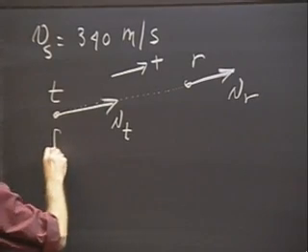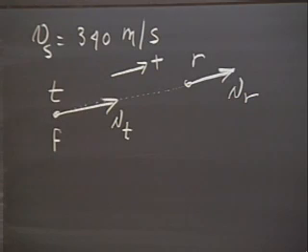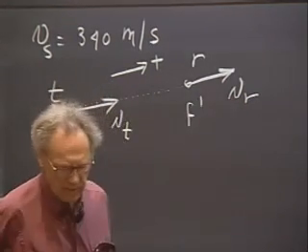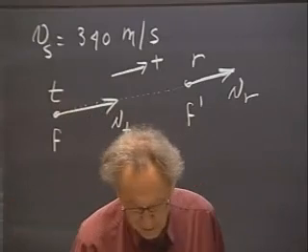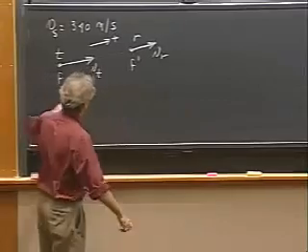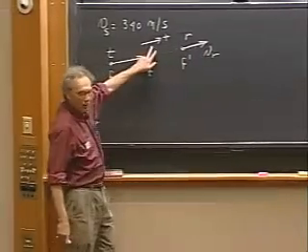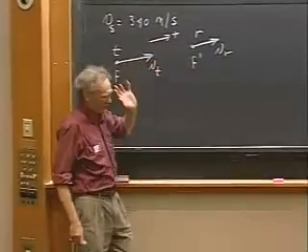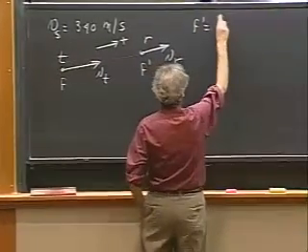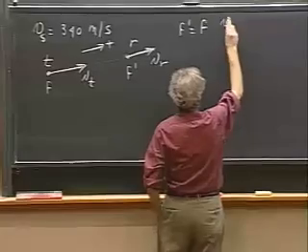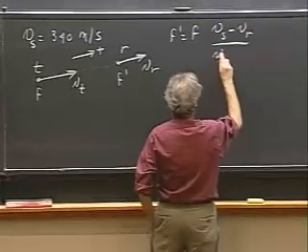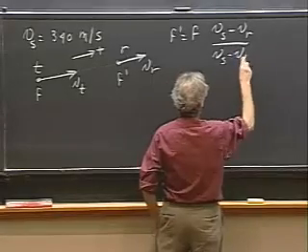And the transmitter produces a sound f, but what you receive is a frequency f prime. So f is the frequency. If you go in velocity in this direction, that's positive, and a velocity in this direction then becomes negative. Then f prime is f times the speed of sound minus Vr divided by the speed of sound minus Vt.